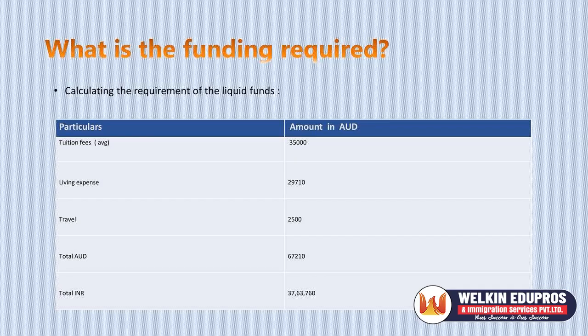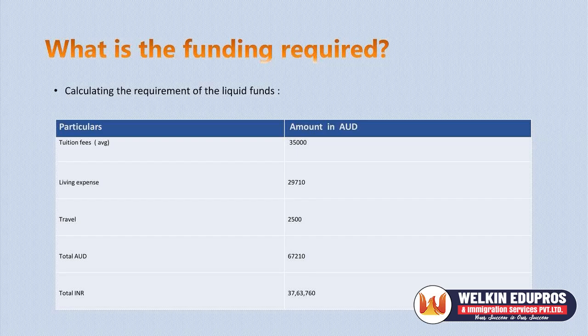Living expense of 29,710, which were recently increased from 24,505 effective from 10th of May. 29,710 is the current living expense for a single student. Travel expense of 2,500, all included. It comes out to be 67,210 Australian dollars.